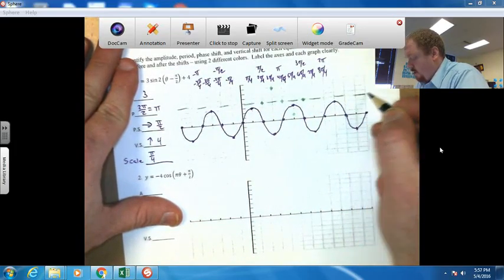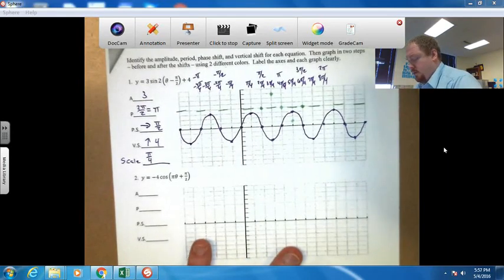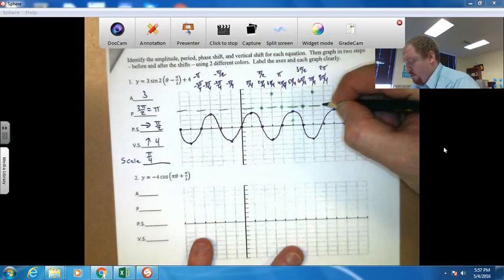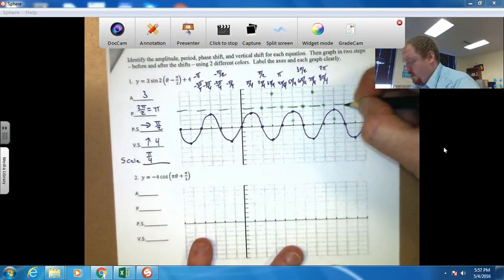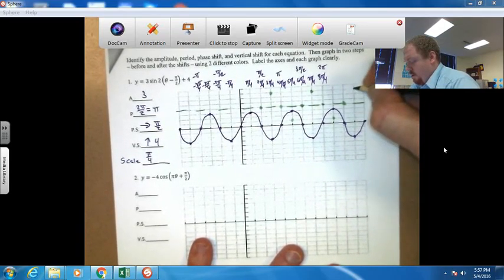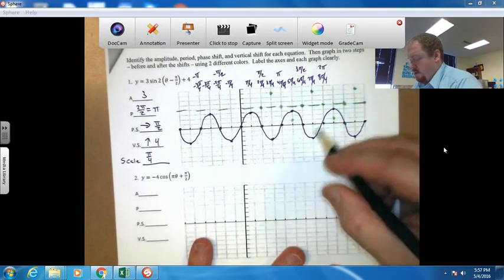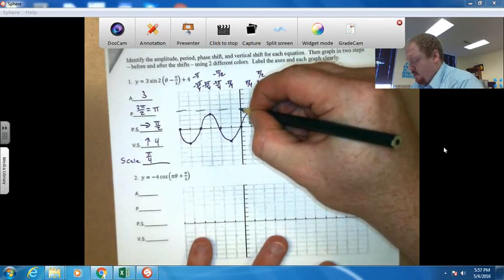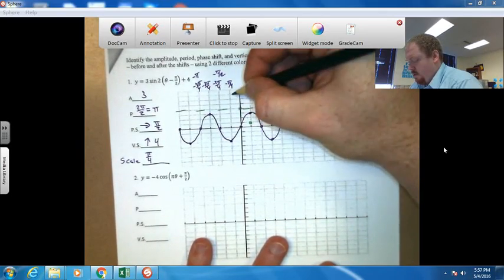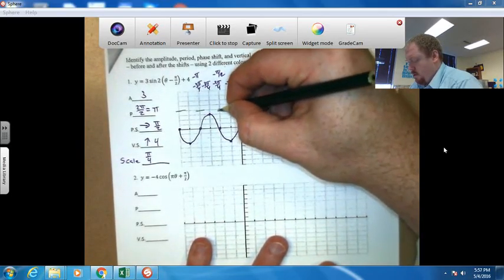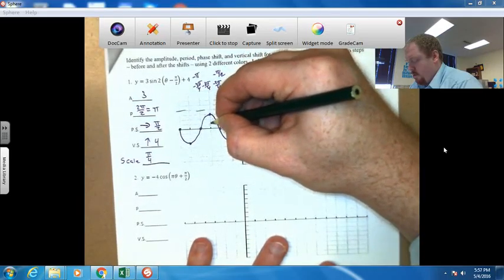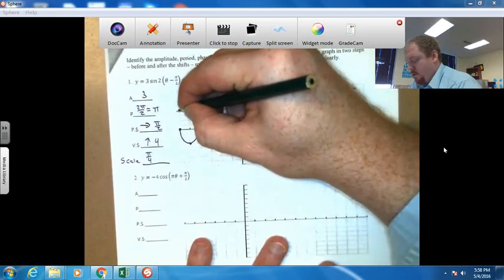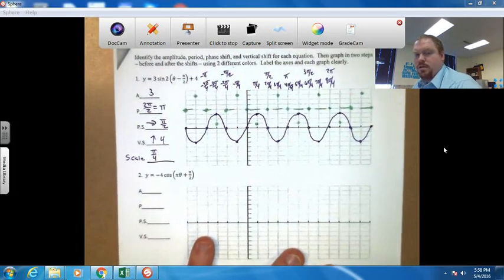So now I'm just going to continue that pattern now that I know what's going on. And then I have to do it the other direction as well. And then I'm just going to connect these now.